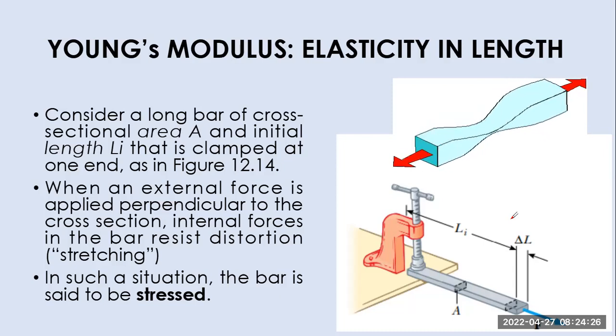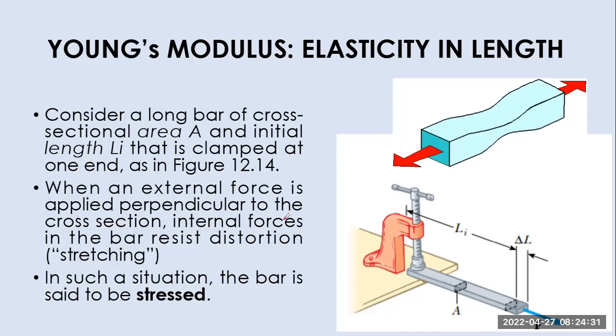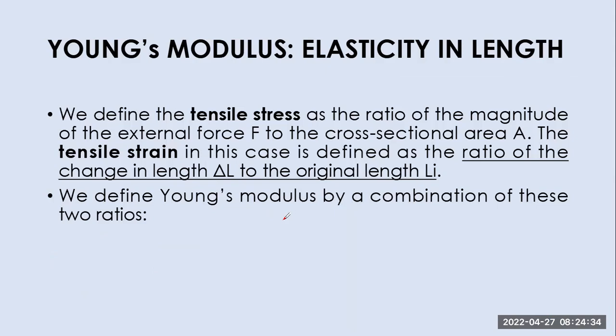In such a situation, the bar is said to be stressed. We define the tensile stress as the ratio of the magnitude of the external force F to the cross-sectional area A. The tensile strain in this case is defined as the ratio of the change of length delta L to the original length Li. We define Young's modulus by a combination of these two ratios.